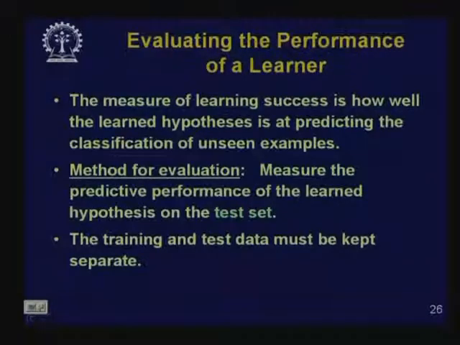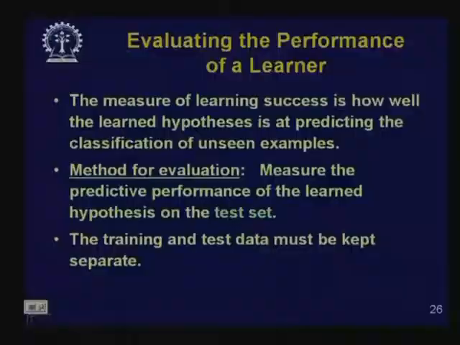If we learn on the basis of a training set and we test the performance on the same set, we are cheating in some sense, because our hypothesis may very well classify the training set but may not do so well on the test set; we have already seen the training set and can be biased towards it. Therefore, in order to make a better judgment of the accuracy of the classifier, we must measure it using unseen examples, and this set of unseen examples is called the test set. To the extent possible, we must keep the training set and the test set disjoint.